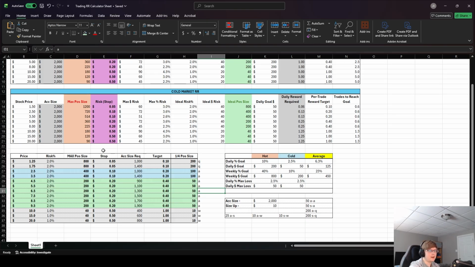Like, you can set it 5 cents or 10 cents below your entry point, because most of the time, if your entry is correct, price isn't going to come down to retest that point. If you're entering in with level 2 and there's a lot of green on the tape and price is moving up quickly, it's probably not going to come down and force you to stop out. Most of the time. Sometimes it will. Most of the time it won't if your entries are all good.